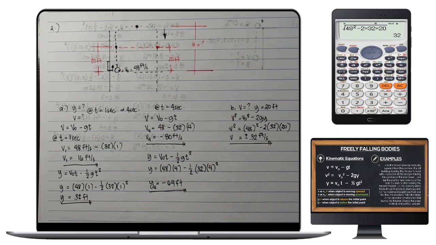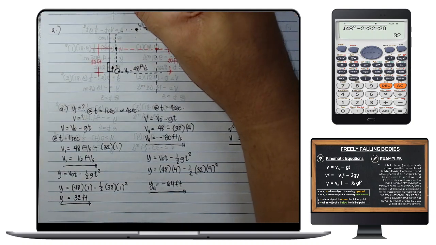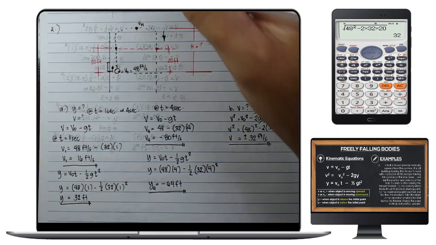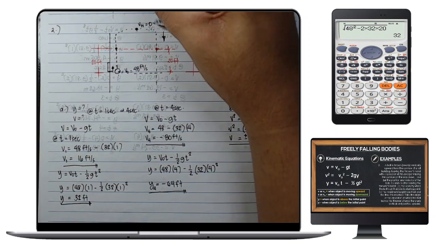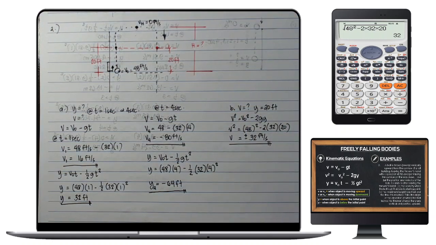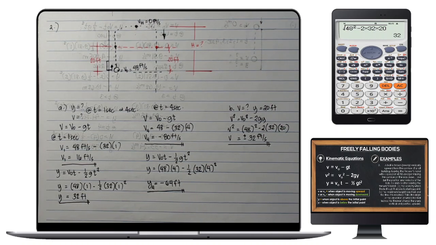Okay? And again, since the object upon reaching the maximum height will momentarily stop, we can say that the velocity, tawagin natin v sub h, or the velocity at maximum height is equal to 0. Okay, so that is 0 feet per second. Kasi the object will momentarily stop once it reached the maximum height.